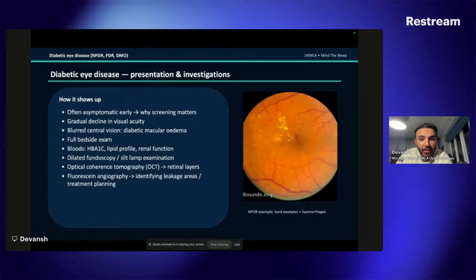We can then do an OCT, which we saw an image of earlier on the right-hand side, looking at the retinal layers, and that will really help us to confirm whether there is macular edema or not. And finally, we can also perform an investigation called fluorescein angiography, where we visualize the blood vessels in more detail to identify areas that are leaking, and that will also assist us with treatment planning, which we'll come on to discussing in a moment.